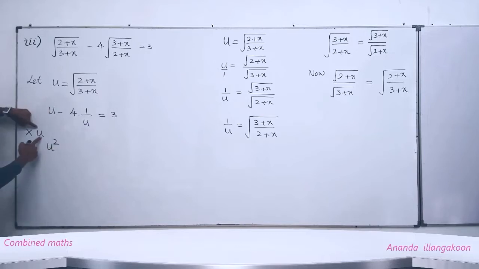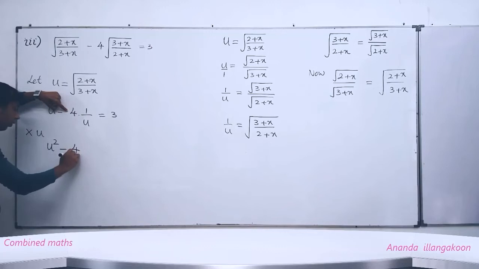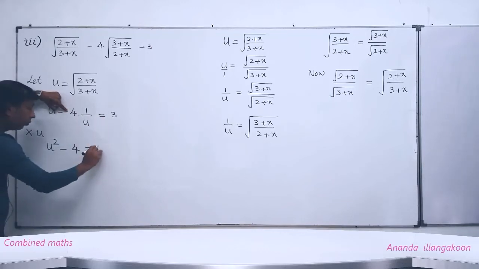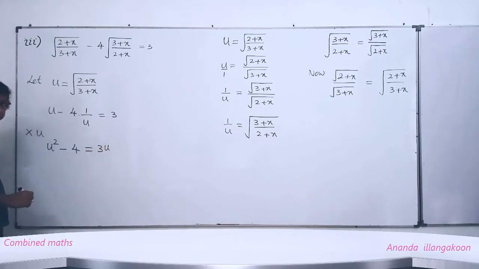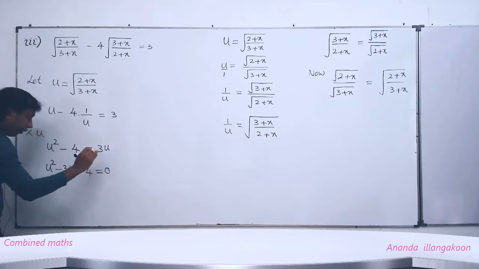And if I write this multiplier before this 4, that u and this u will cancel off. Then we get minus 4 into 1 is minus 4, equals 3 into u is 3u. Okay. Now take this 3u to this side: u squared minus 3u minus 4 equals 0.